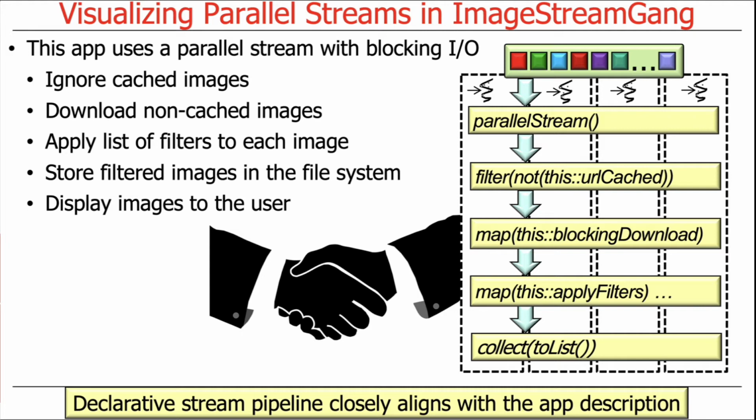We're then going to download the non-cached images. We're then going to apply the filters to each image, and then we're going to store them in the file system. The mapping, the filtering application and the storing happen at the same point. I could have split them apart if I'd wanted to, but in this particular case, I combined them. And then there's also, of course, the reduce, stream, concat stuff lurking here, which I don't show. And then finally, we go ahead and collect everything into a list that is then displayed to the user.